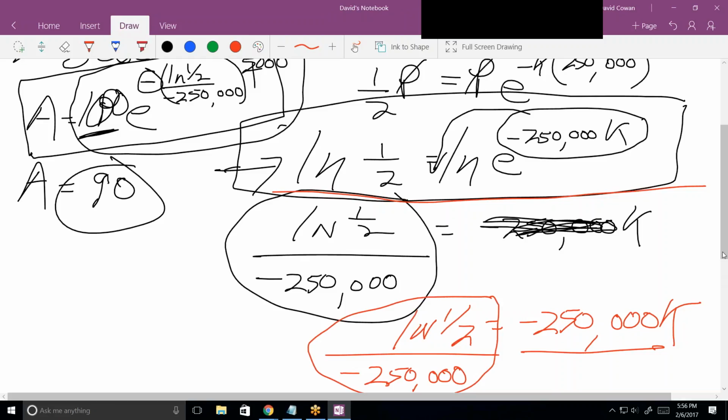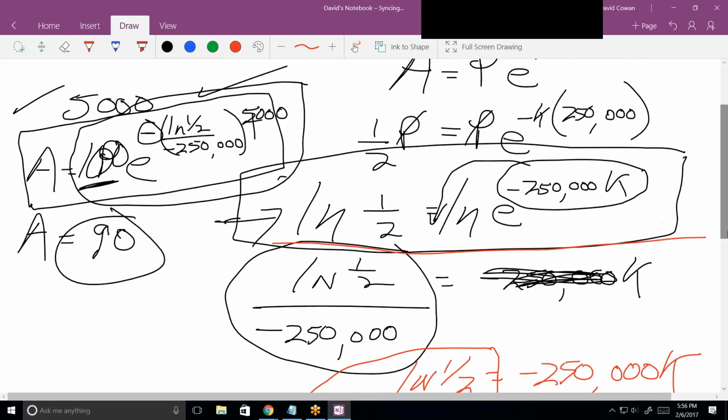Well, if we go back and come up with the specific equation, this k is going to be a positive number, but it still has the minus sign in front of it. We always have to leave that in there. So when you've solved for k, you still have a minus sign. You're always going to get a positive k, but when you go to make the specific equation for this uranium, this particular material, it's always going to be decreasing.